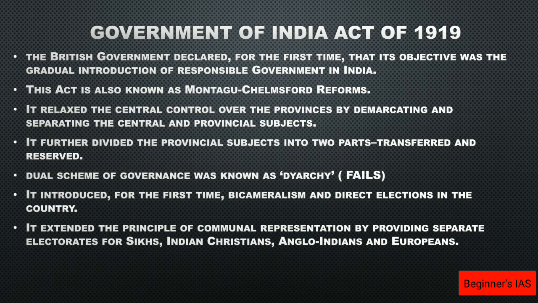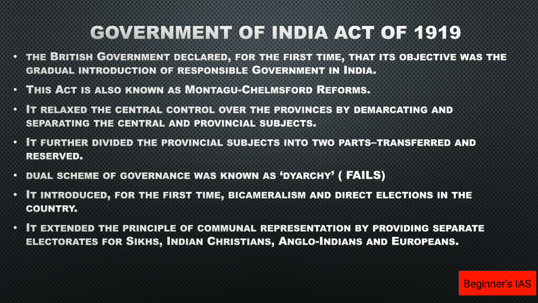1919. This is a famous act, and why it is famous, let us see. On August 20, 1917, in modern history, you will find it briefly. The British government declared for the first time, kindly note, first time, that the objective was the gradual introduction of responsible government in India.